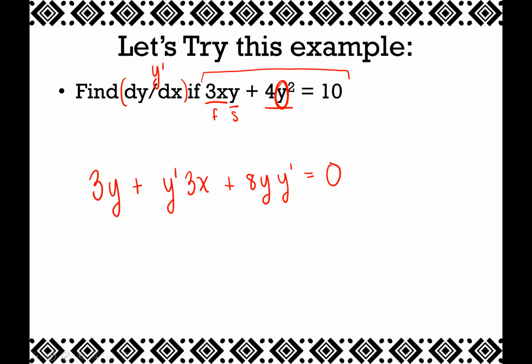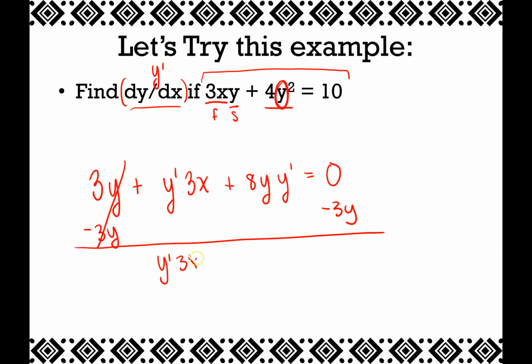All right. So now this is asking us to solve for dy dx. So what I'm going to do is keep all the y primes on the left, and get everything else on the right. So this disappears and I'm left with y prime 3x plus 8y y prime equals negative 3y. Next thing I'm going to do is pull out a y prime. So that gives me y prime times 3x plus 8y equals negative 3y.